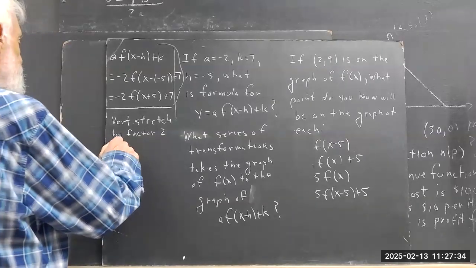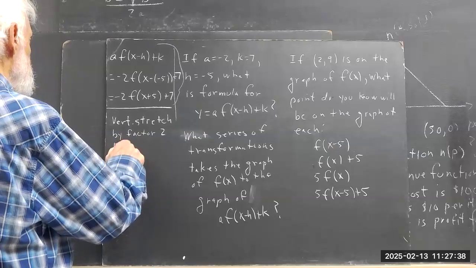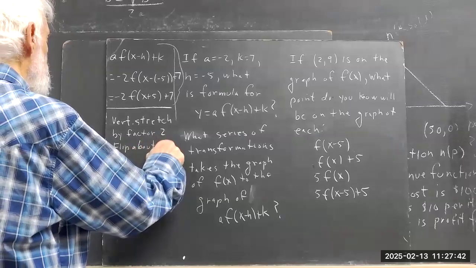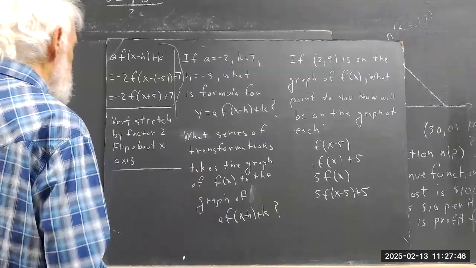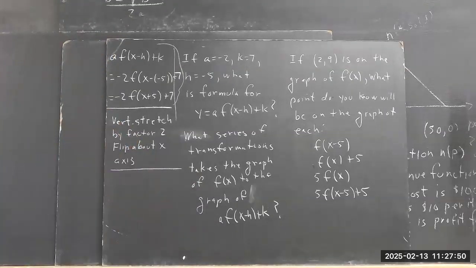And then flip about the x-axis. Okay, I'll reflect through the x-axis, right? I say flip, it's a little more active verb than reflect. But you know what I mean, I think.